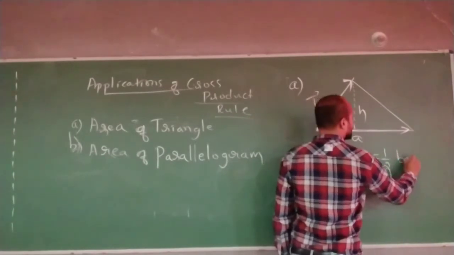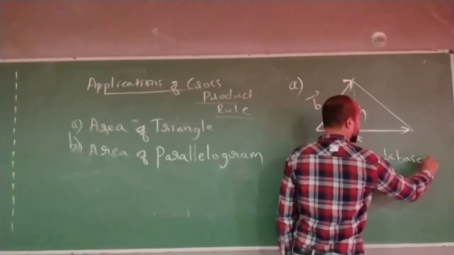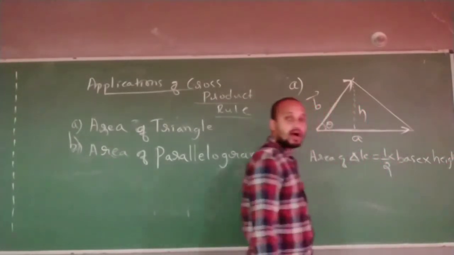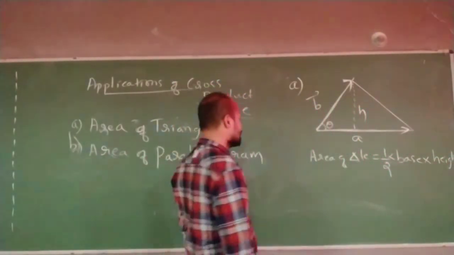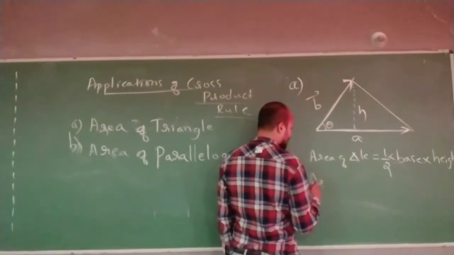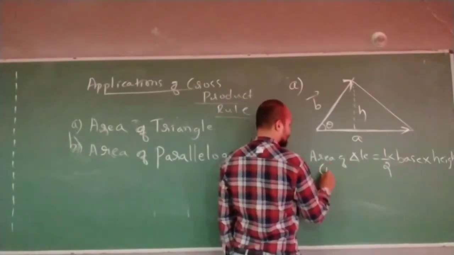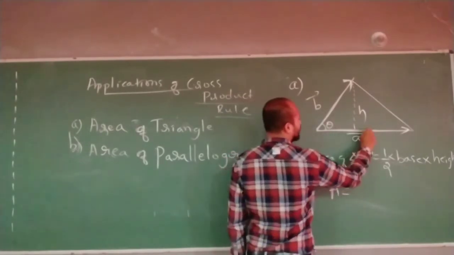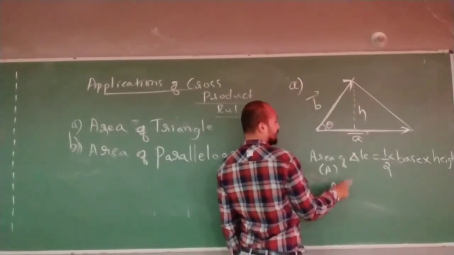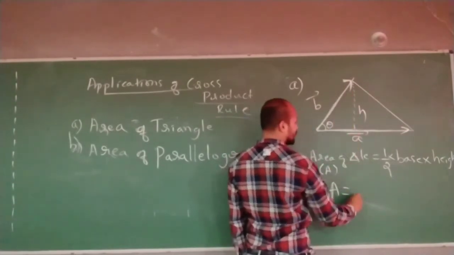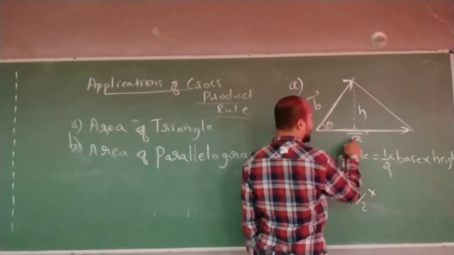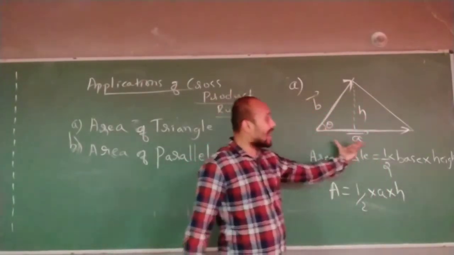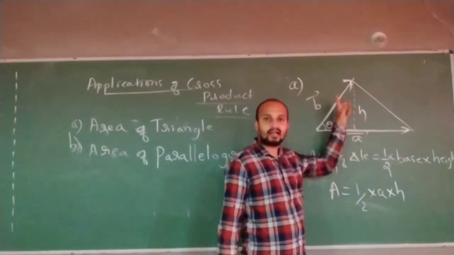Half into base into height. In this case, let us take A as the base: half into A into height. Magnitude of A is the base of the triangle, into height.